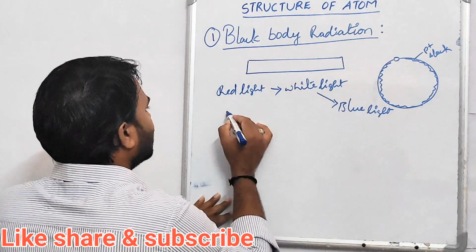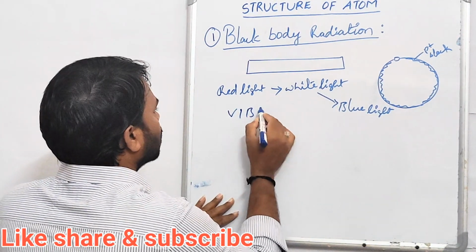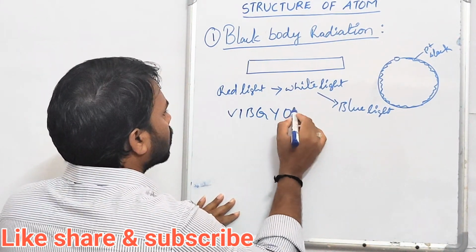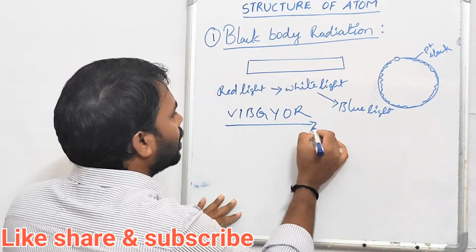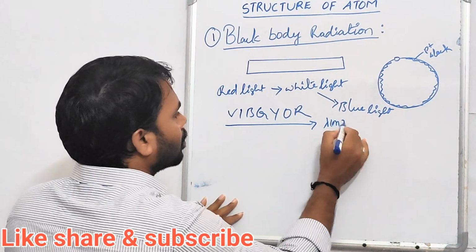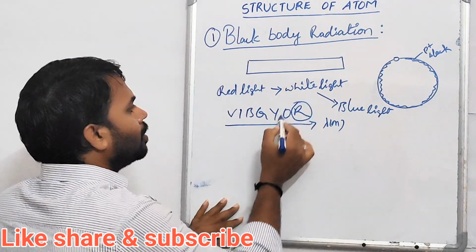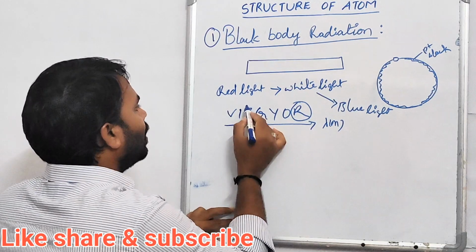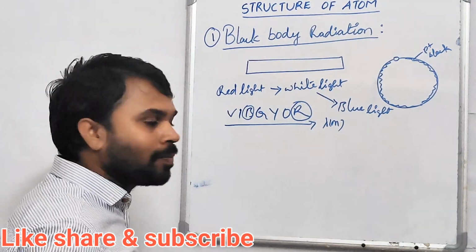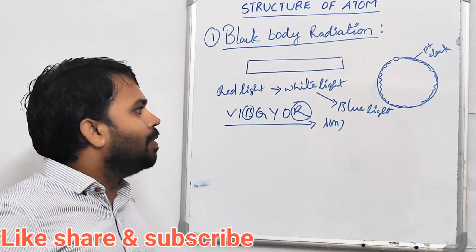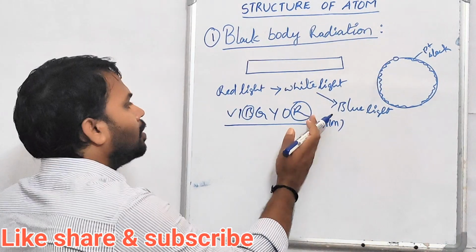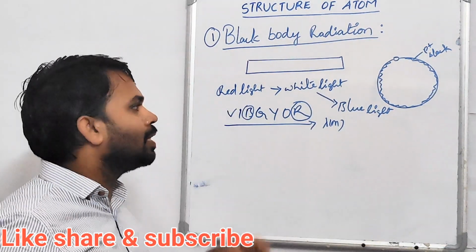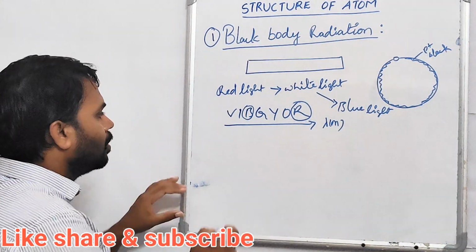The visible region contains VIBGYOR. This is the increasing wavelength. Red light has the maximum wavelength. Blue light has less wavelength. When I am increasing the temperature, the wavelength shifts to the lesser side. Let's understand this with a graph.